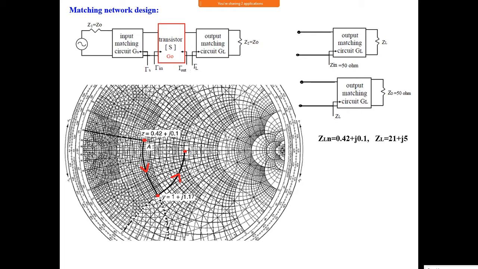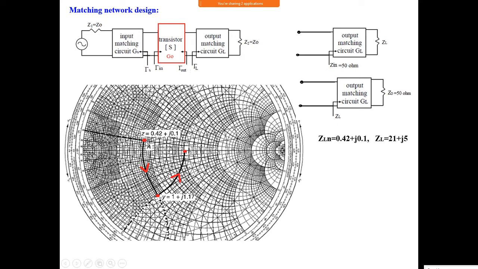For example, ZL is equal to 0.42 plus j 0.1. I want 50 ohm. What were we doing to get 50 ohm? We were marking this ZL on the Smith chart. Like this, we used to mark a point on the Smith chart, that is the load.